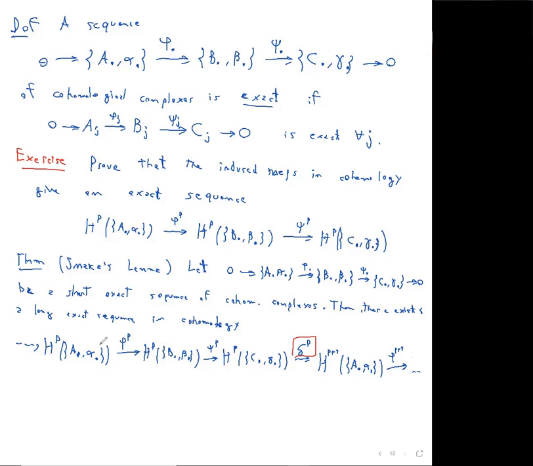So now you restart. Here on the left, this would be delta p minus 1. That's how you go up. The main part of the proof is to build this map, this delta.